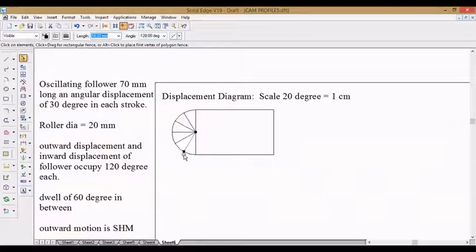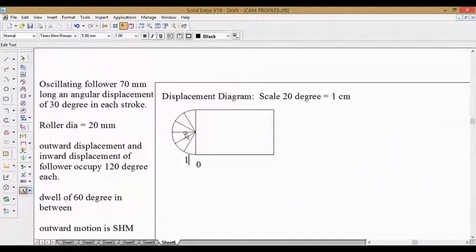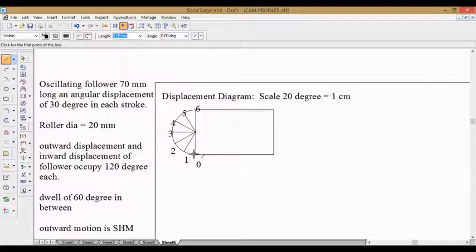This is 0, 1, 2, 3, 4, 5, and 6. So the same amount of distance you need to divide on this also.